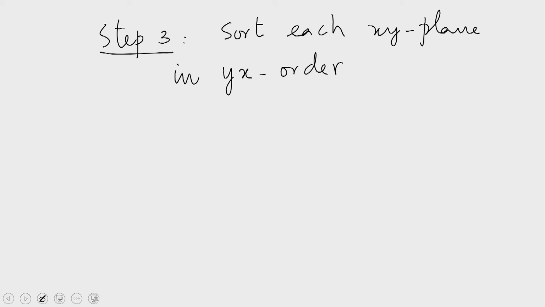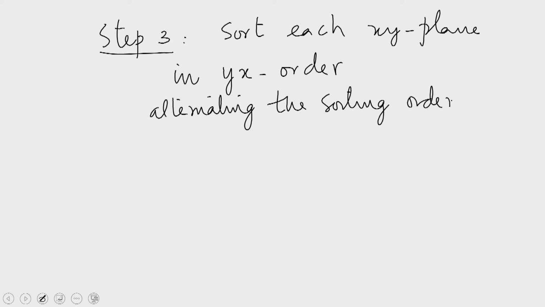We know that there are only two dirty xy planes, and both of these are now sorted. But here we do not sort every xy plane the same way. We alternate the sorting order. We sort the odd planes one way, the even planes the other way.